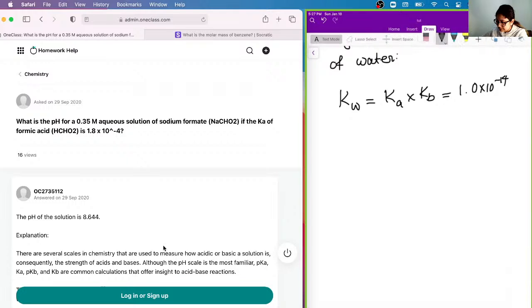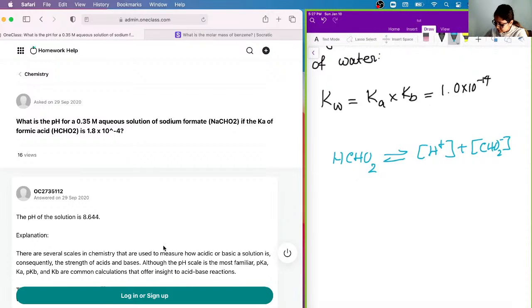Let's write out the reaction for formic acid, HCHO2. It dissociates into its ions, H plus and CHO2 negative.